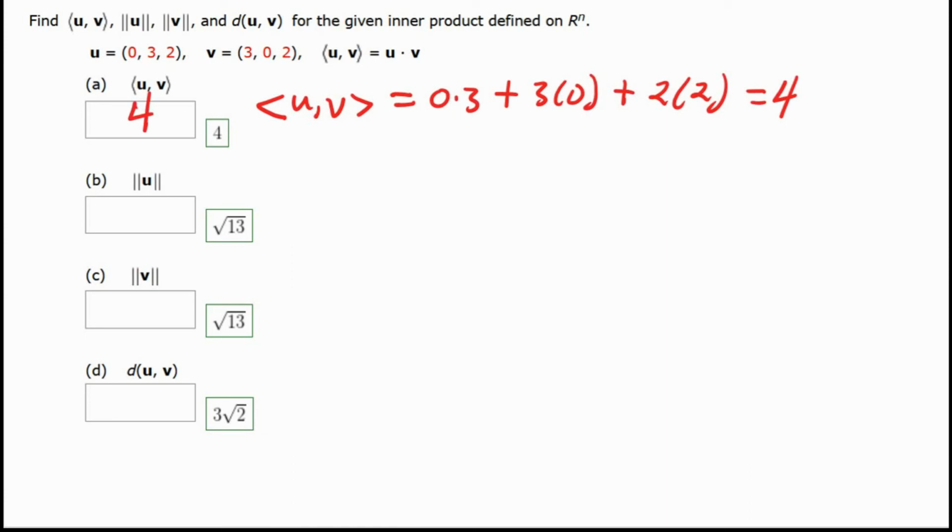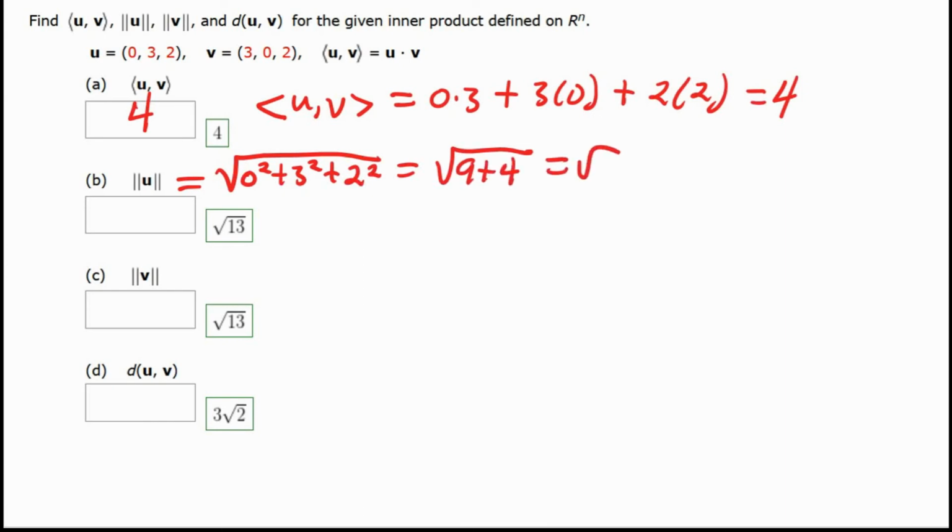Then the norm of u is the square root of the terms squared and then summed. So we have 0 squared plus 3 squared plus 2 squared. So we get the square root of 9 plus 4, and we get the square root of 13.